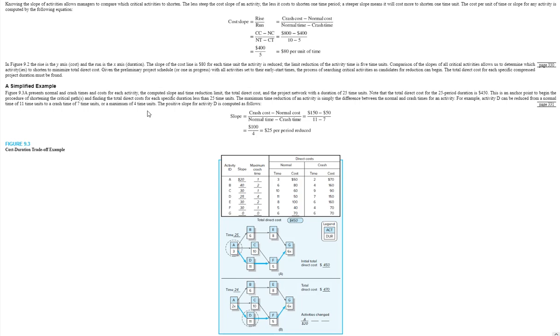For example, in the simplified example on 9.3a, you see $25 per period reduced, whereas the example above that says $80 per unit of time. So you're trying to find activities that cost the least for the maximum units of reduced time. That's the optimization activity.